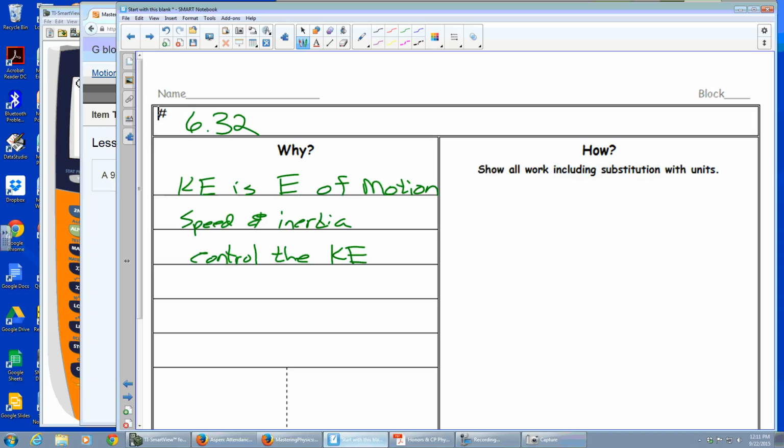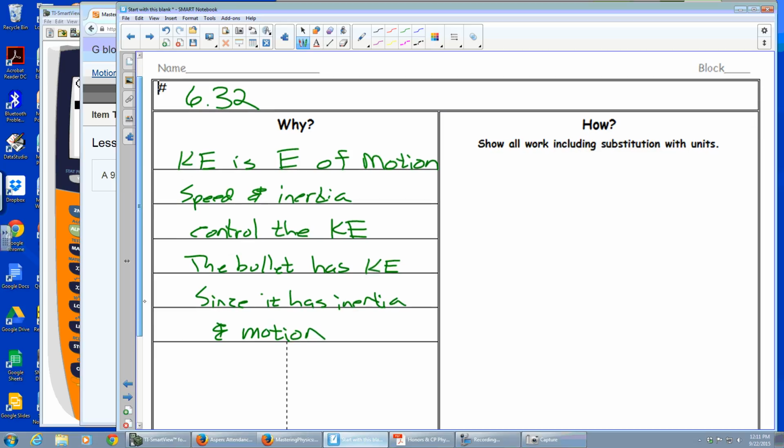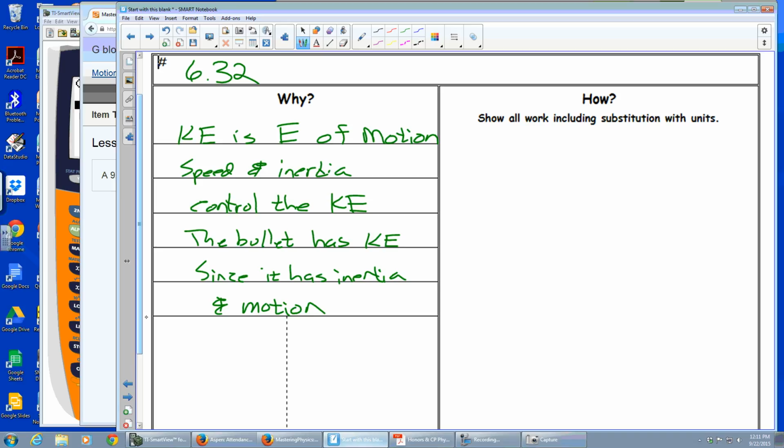And I might put that the bullet has KE since it has inertia and motion. So that's why it has kinetic energy, because it has both of those factors.